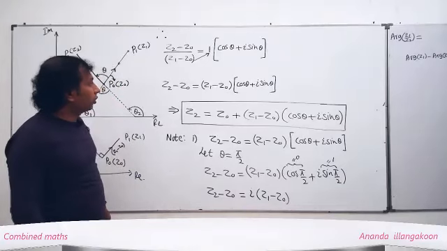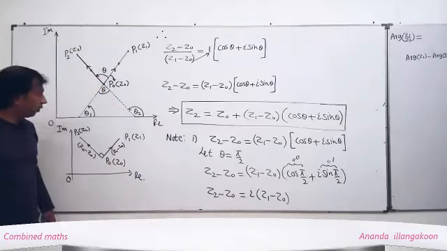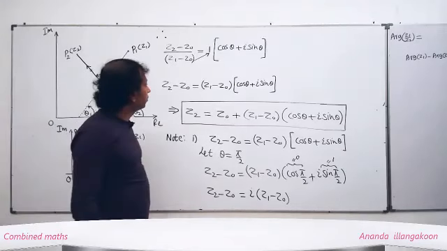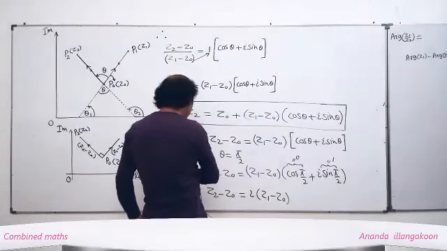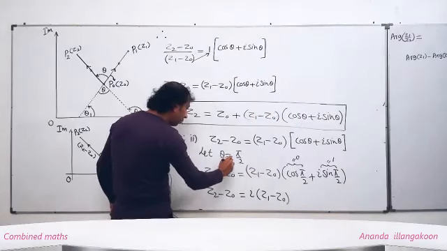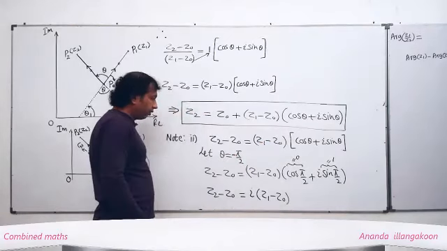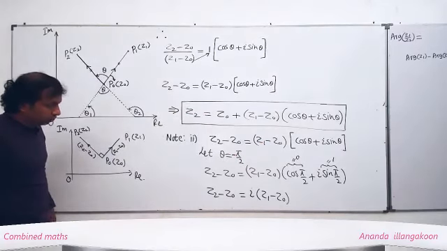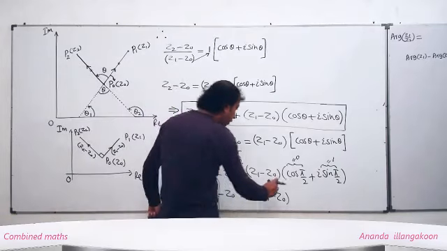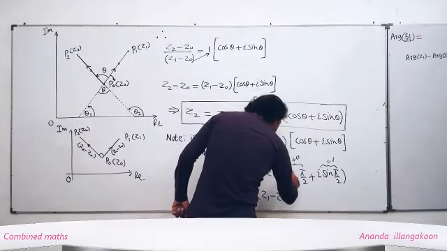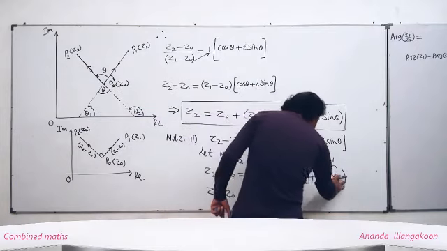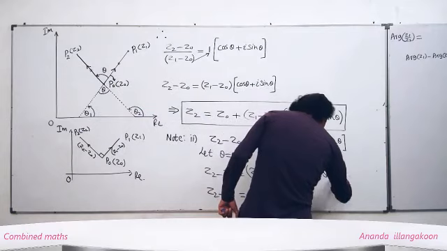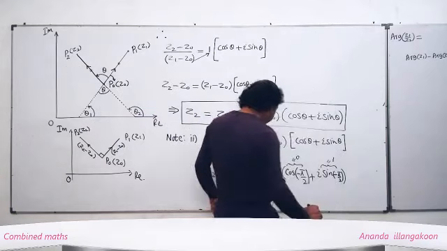Note number 2. Let theta be minus pi by 2. I rearrange this. Then here we get cos minus pi by 2 and here sine minus pi by 2.